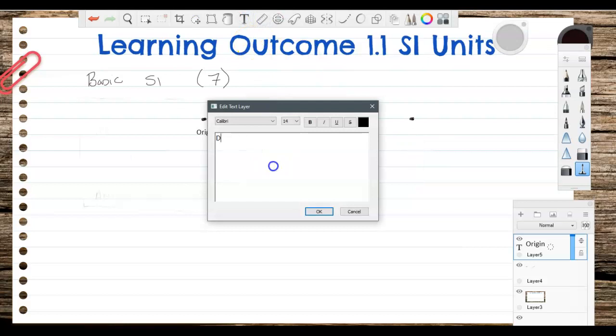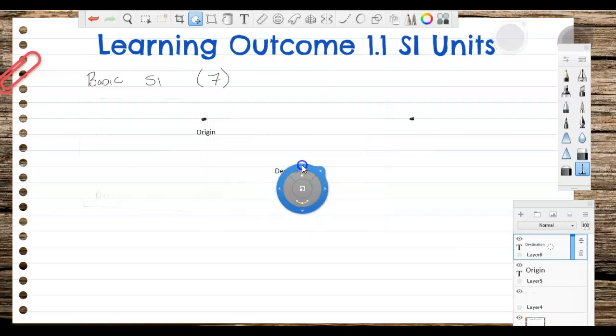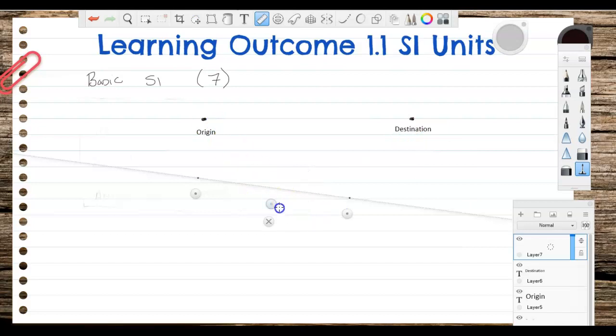The second one is called the destination. A line is literally drawn between those 2 points. The line can be anywhere. It can go at that angle, it can go downwards, go slightly up. But it is between 2 points.